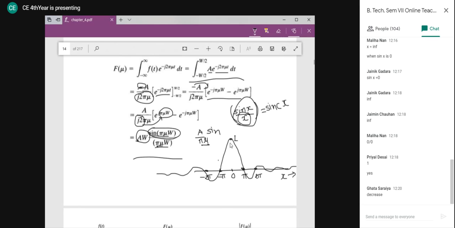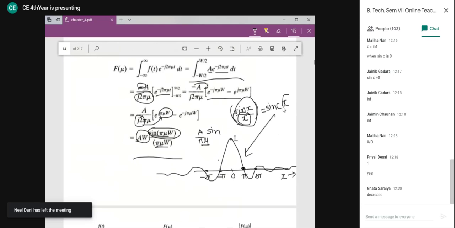Now, one more point for the basic sinc function. Suppose this is my sinc x function. When my function sinc x encounters its first 0, it is at pi and minus pi, right? The first 0 is encountered at pi.